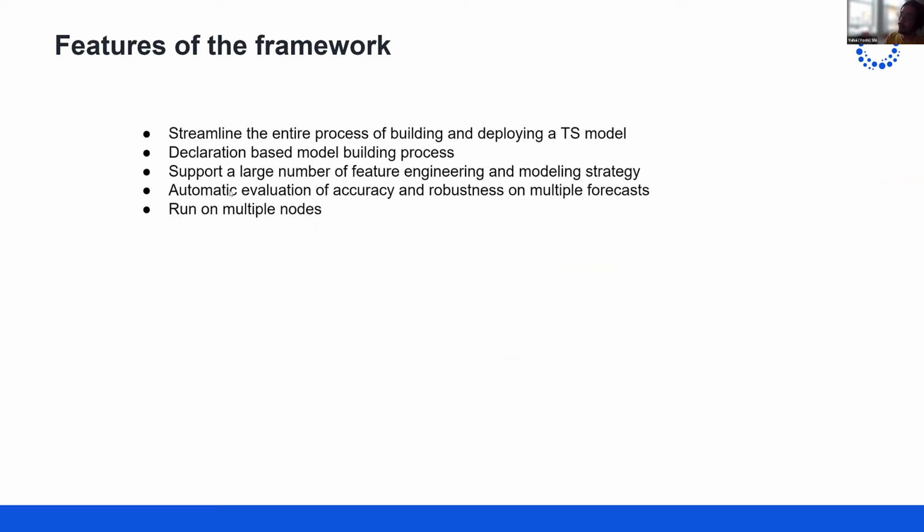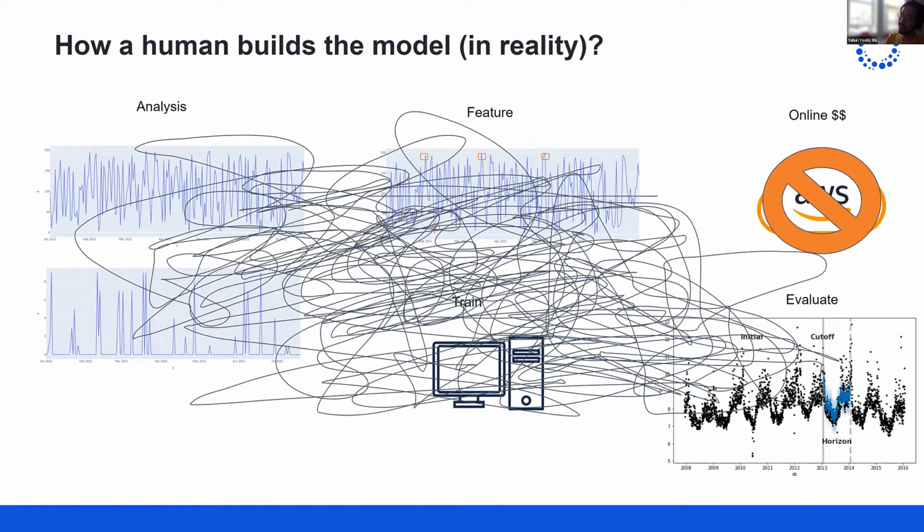And we also do the evaluation in a more automatic and correct way to evaluate the accuracy and robustness on multiple forecasts. So the back testing is very critical in this situation, and it can easily be messed up. So we make our framework do this correctly, so people won't make errors and include things that shouldn't appear in the inputs to the model.